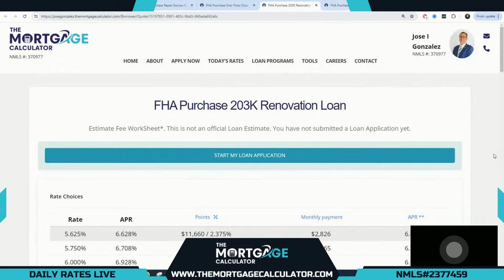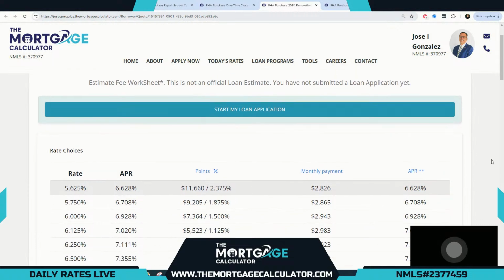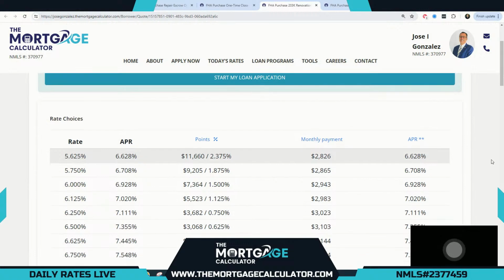Now, a very popular item in these tight inventory times that we find ourselves in for real estate purchases, especially for low down payment borrowers that may be competing for properties in a tight inventory market and can't seem to find that house because they keep getting bid out.